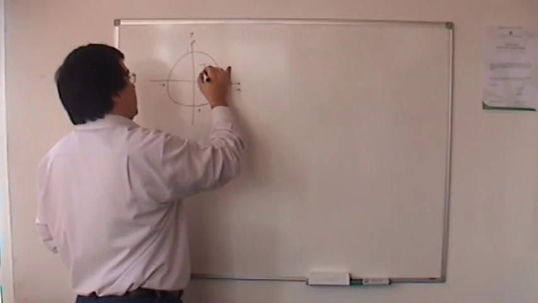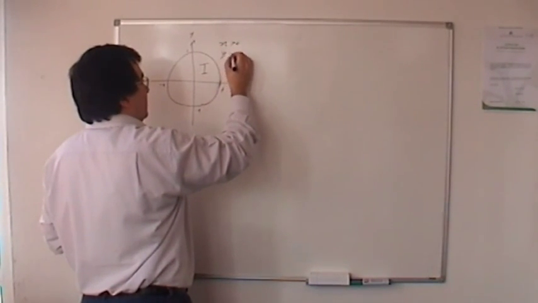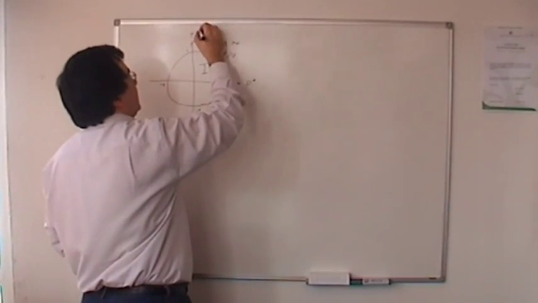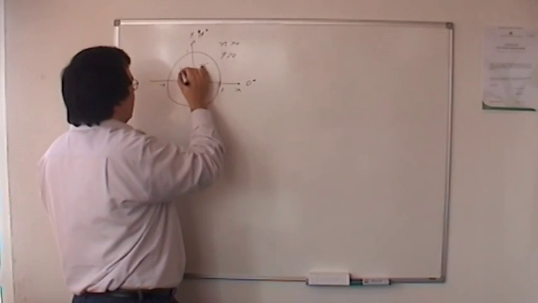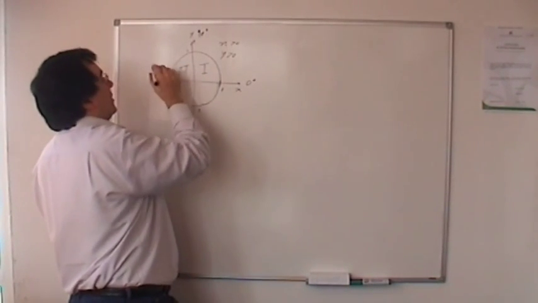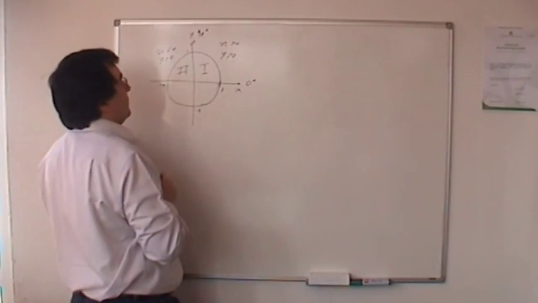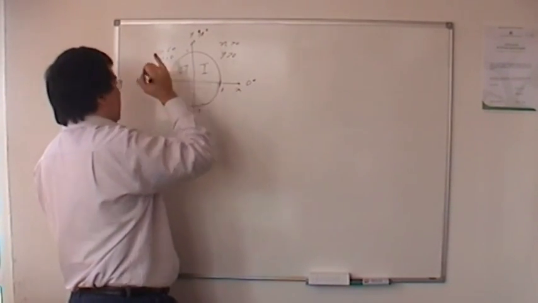Here is the first quadrant, for positive values of x and y, and between 0 degrees and 90 degrees. The second quadrant will be here, with negative values of x and positive values of y, and between 90 and 180 degrees.